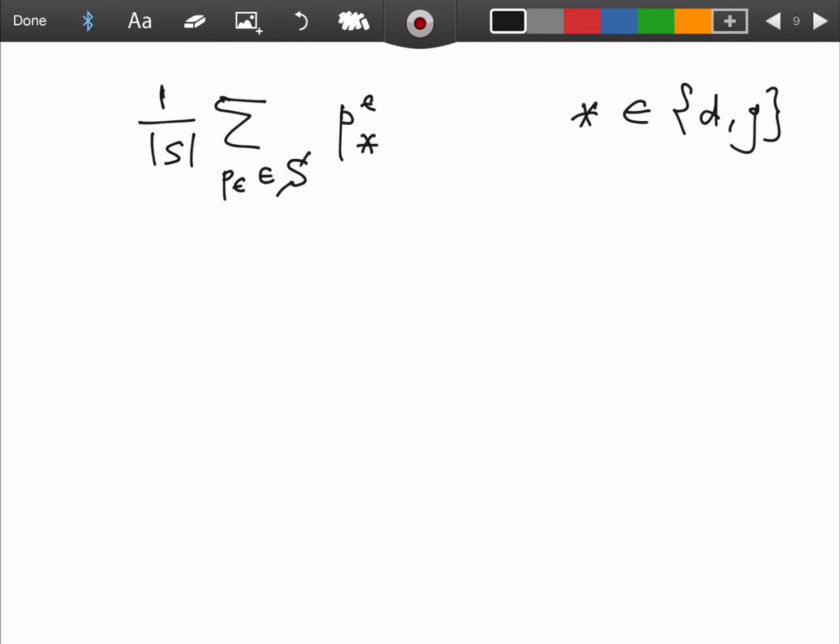Because for the original distribution, you can say that one of the P epsilons will simply be a delta distribution. Another P epsilon would be, for example, Gaussian noise with some covariance sigma and zero mean. Okay?